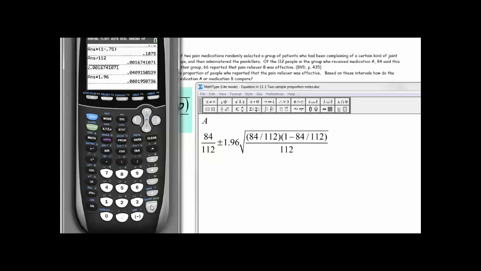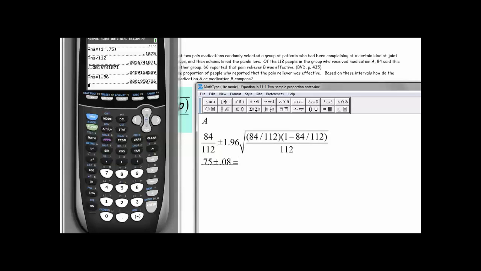Okay, so this piece is 0.75 plus or minus, was that 0.08? Sort of a rough estimate there.